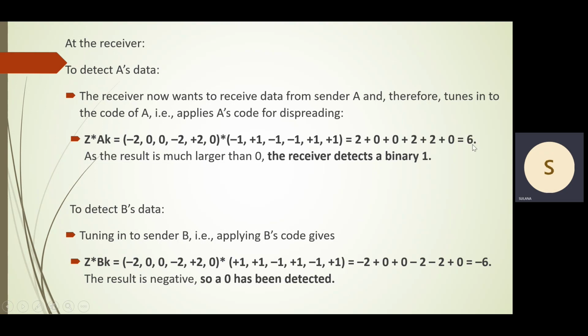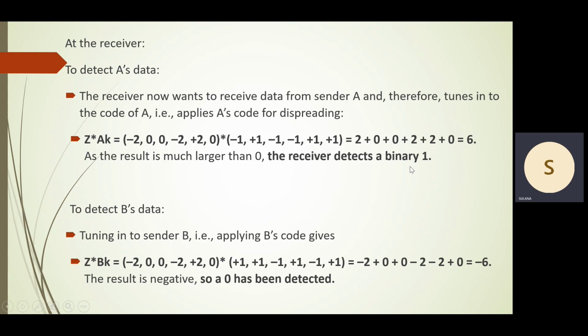Now looking at the result, this result is much larger than 0. So what the receiver detects is that user A had transmitted a binary 1. You have to look at this result and see if it is larger than 0. Since it is much larger than 0, the receiver has detected that A transmitted a 1.